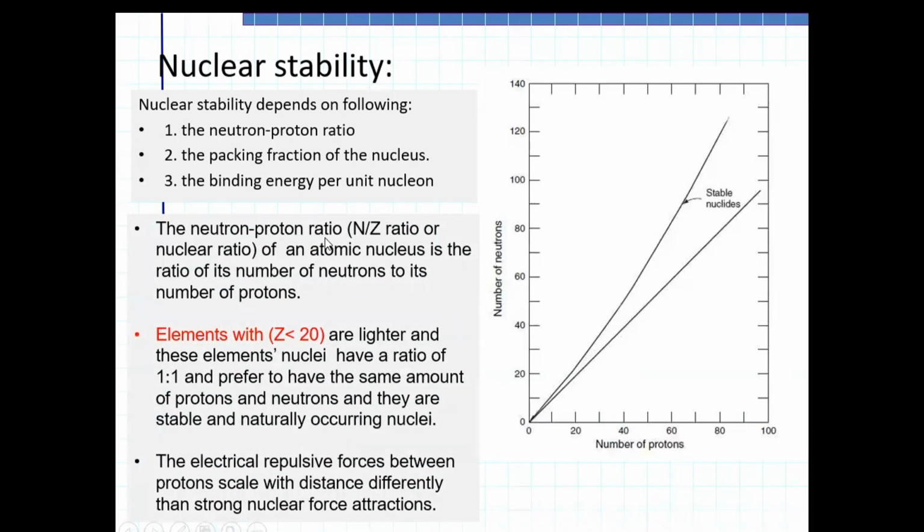Actually, the neutron to proton ratio of an atomic nucleus should be 1, but in general, it is not the case. The elements that have Z less than 20, that are lighter elements, they have the ratio of 1.